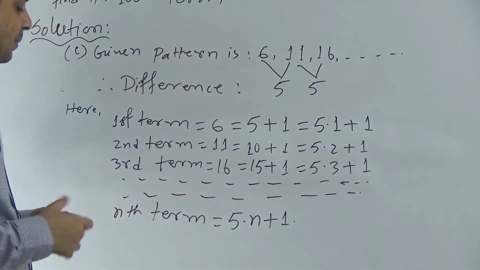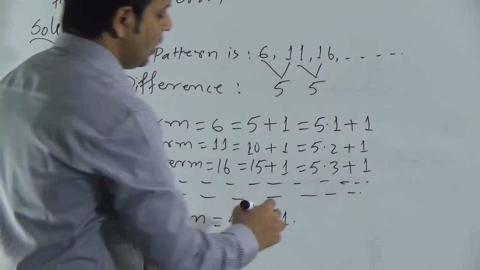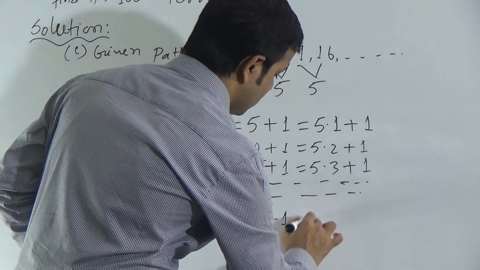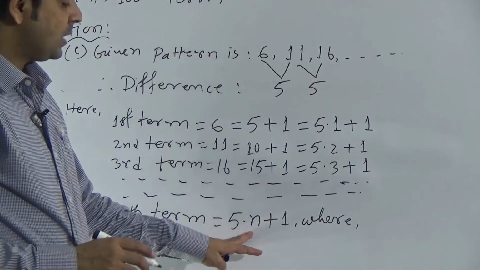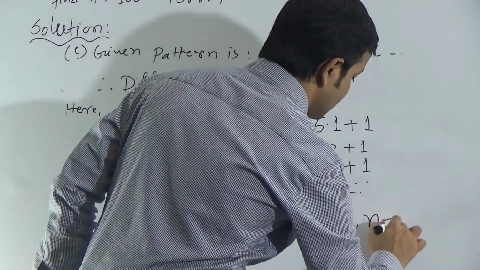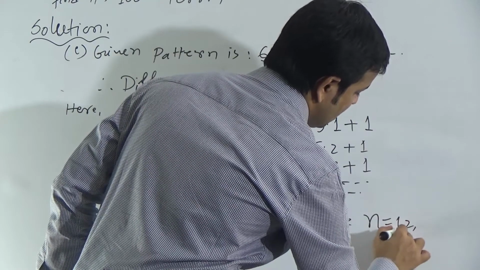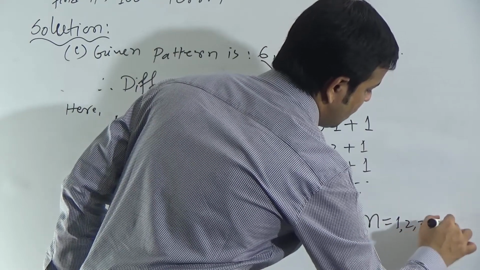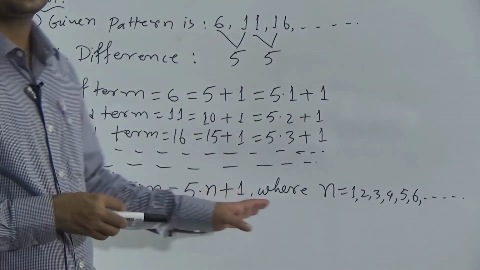This is the required algebraic expression, where n equals 1, 2, 3, 4, 5, 6, these numbers. It means n is a natural number here.